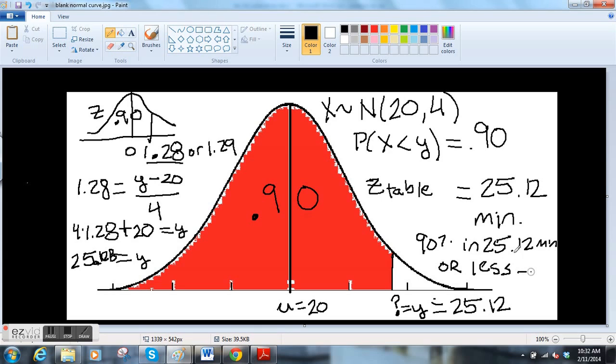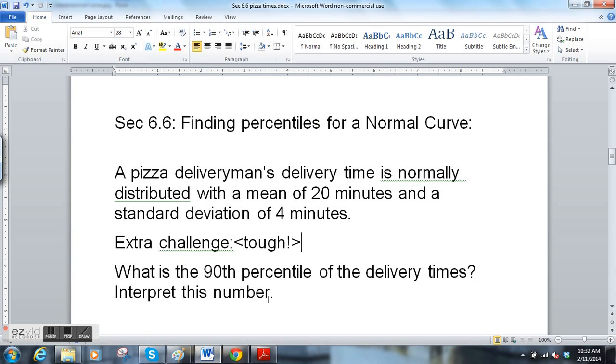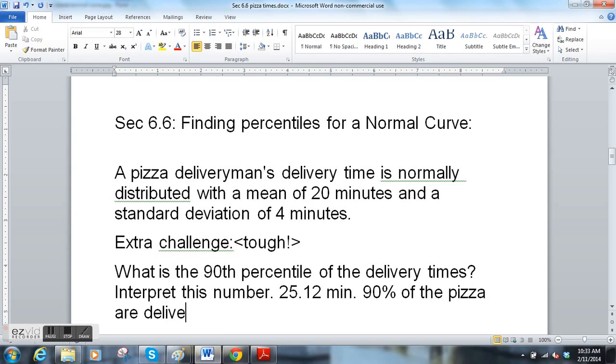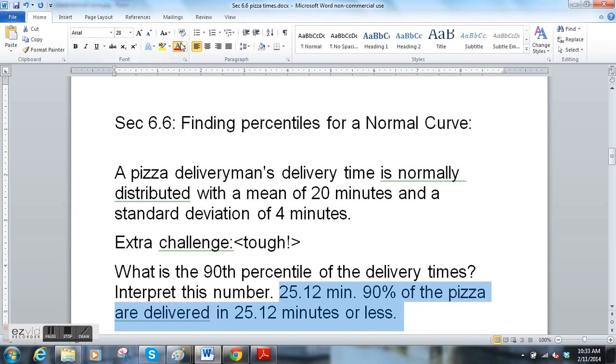So that's a pretty good deal if you're offering a free pizza at 30 minutes or less. So, how to do this on the calculator. Again, the 90th percentile is 25.12 minutes, and this means 90% of the pizzas are delivered in 25.12 minutes or less. That's what the interpretation means.